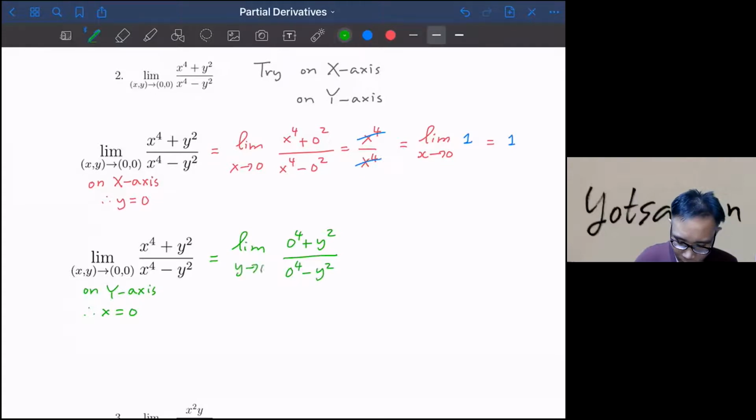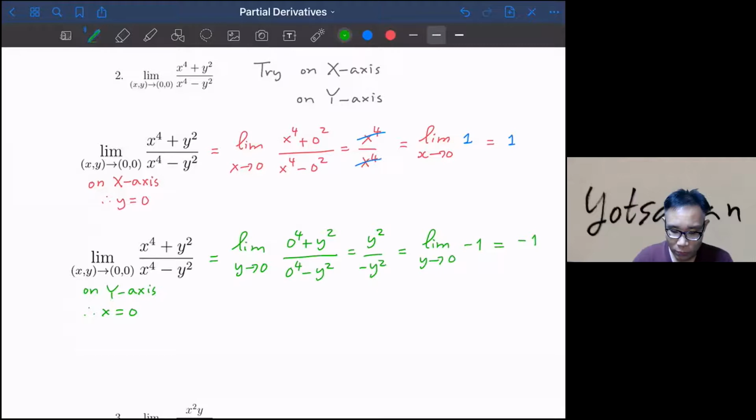You have no x left, so it's the limit as y goes to 0 of y squared over minus y squared, and y squared over minus y squared is -1, so it's going to be -1.